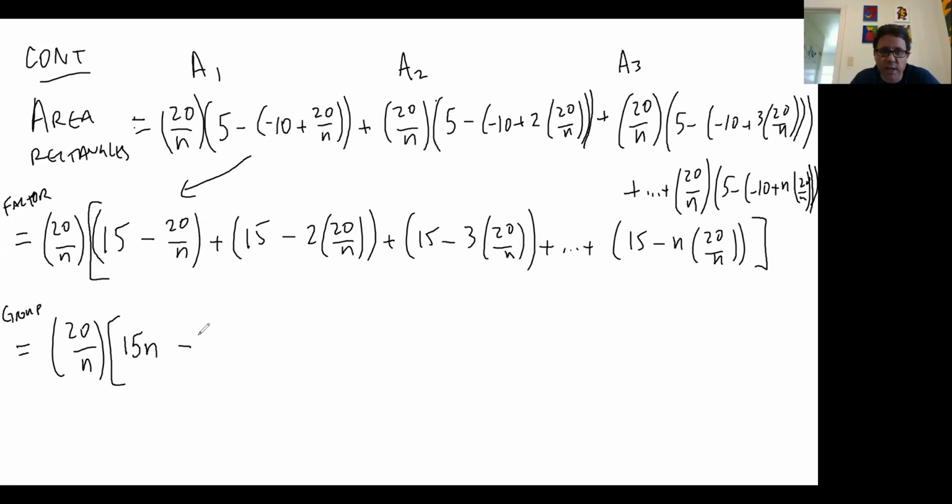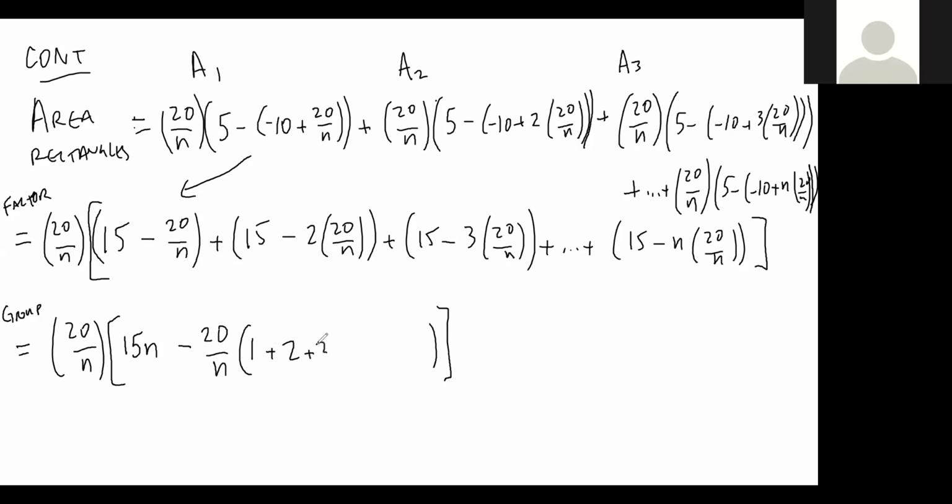So if I factor that negative 20 over n out from the rest, what's left? Well, I have 1 copy of that here. I've got 2 copies of it here, and it's plus because I pulled the minus out. I get 3 copies of it, 4 copies of it, and then the last one is n copies. And if this doesn't make sense, you can distribute it back out, and you can group and get all the way back up to that.